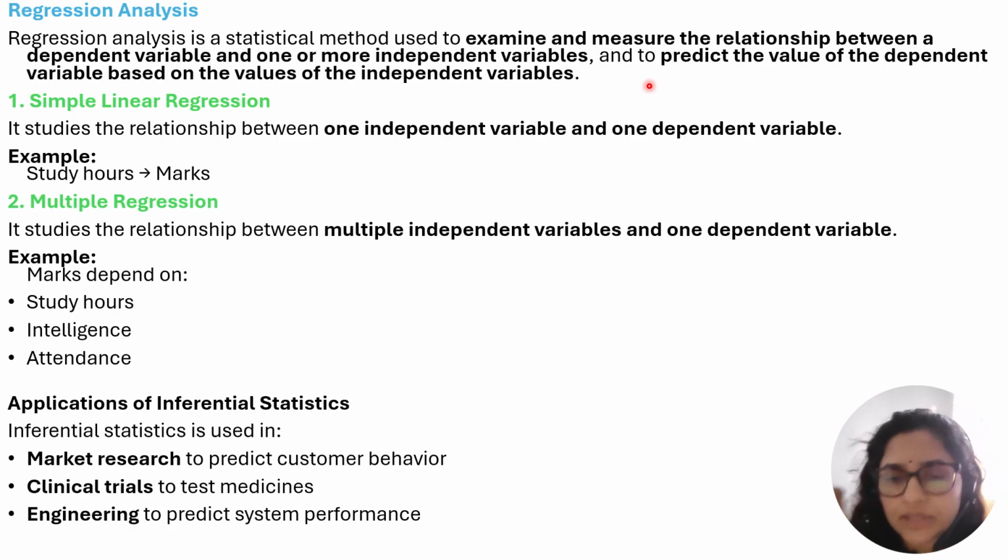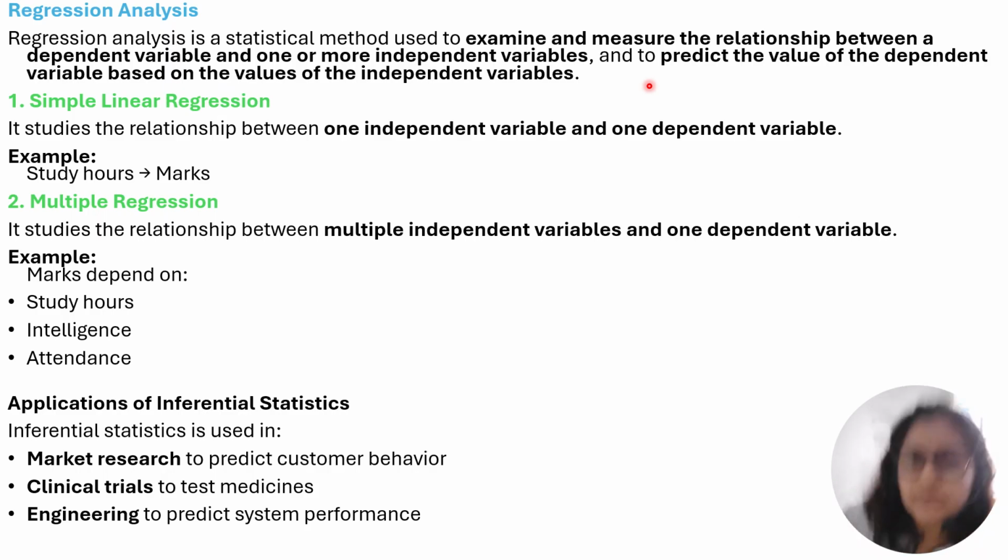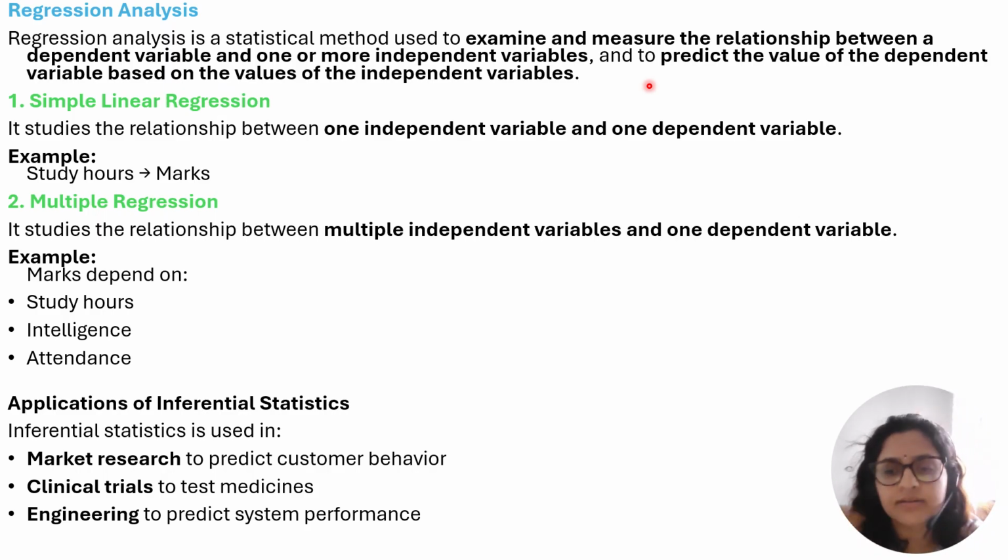That means regression analysis will provide a numerical value to dependent and independent variables. We have seen dependent and independent variables before, but regression analysis will provide clear-cut numbers. It will measure the relationship between both of them in numbers.